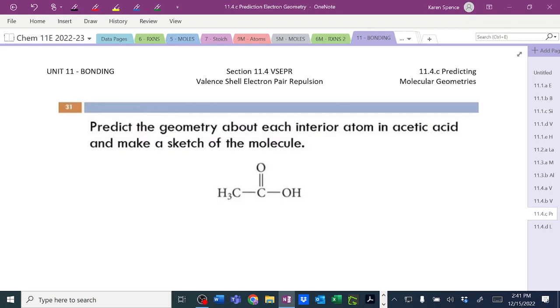Could you predict the geometry around each interior atom in acetic acid? So first of all, you have to determine who are the interior atoms.